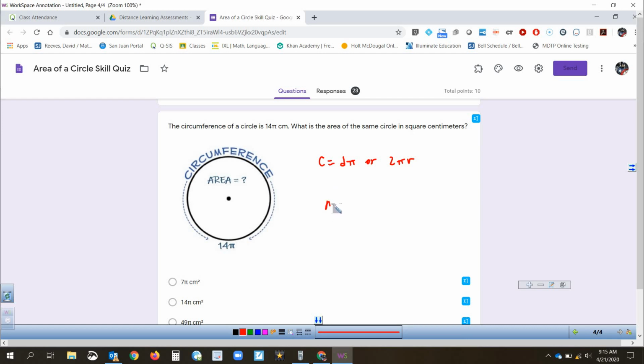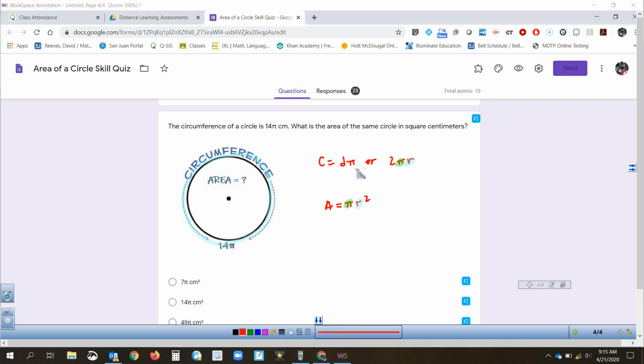And the area of a circle is pi times the radius squared. If you take a look at these formulas, you'll notice both of them have pi and both of them have the radius. Now again, circumference, you can see we've got these little arrows going around. It reminds us circumference is the distance around the outside.